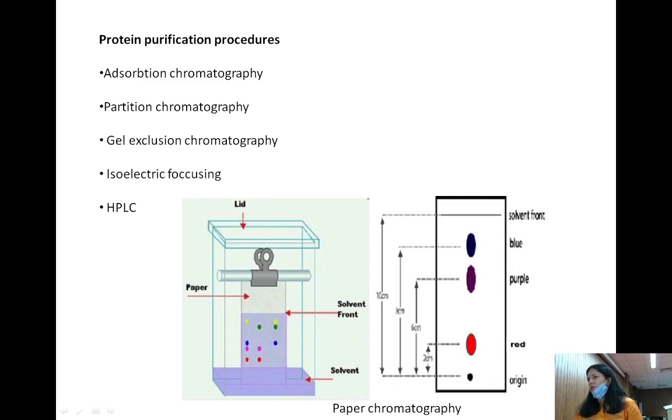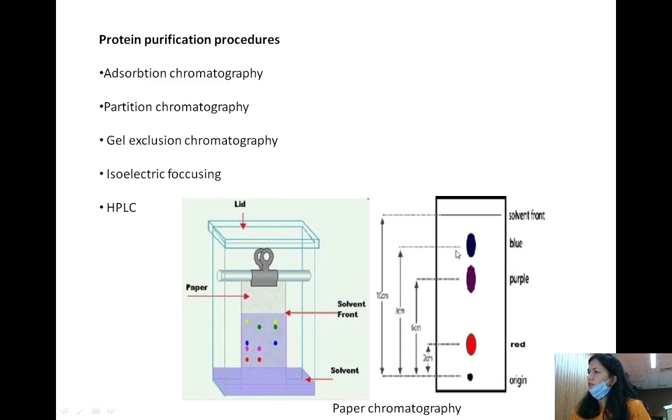Those amino acids which are non-polar will move far away from this spot. On the other hand, the amino acids which are polar will stay near this spot. So they will migrate at different distances, and by calculating this distance, you will be able to know which amino acid it is. Each and every amino acid has a standard RF value, relative front value.